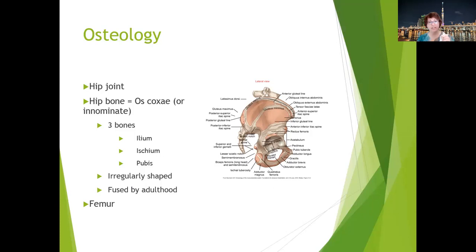The fused ilium, ischium, and pubis form the acetabulum, which is the cup shaped articulation with the head of the femur. Okay, so there's a little bit of ischium, a little bit of ilium, and a little bit of pubis in the acetabulum. The femur is the longest bone in our lower extremity, and that is the other part of the hip joint. Okay, and we'll talk about bony landmarks on all of them.